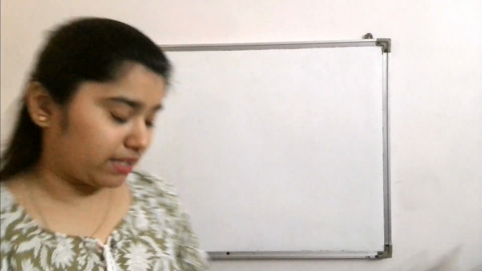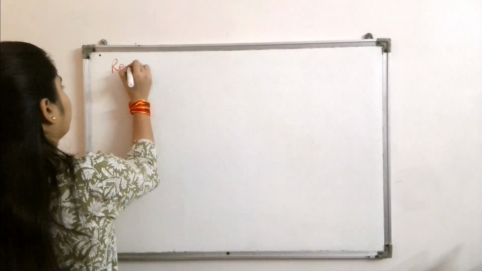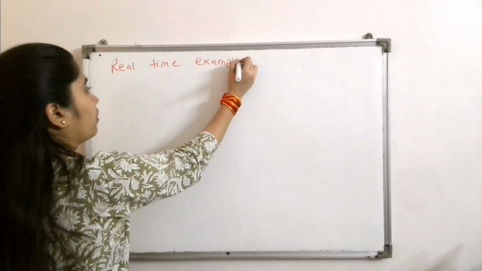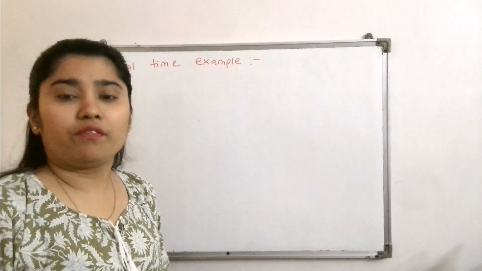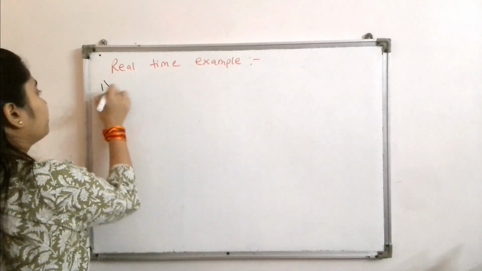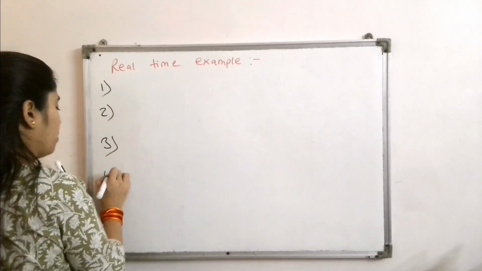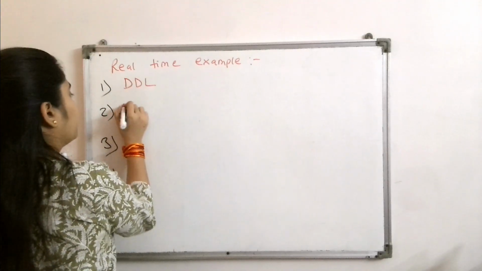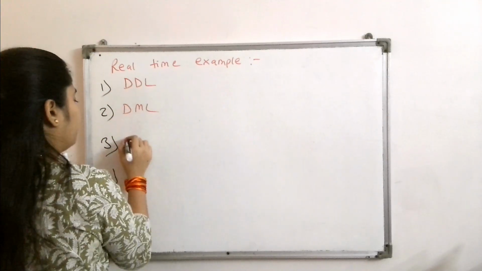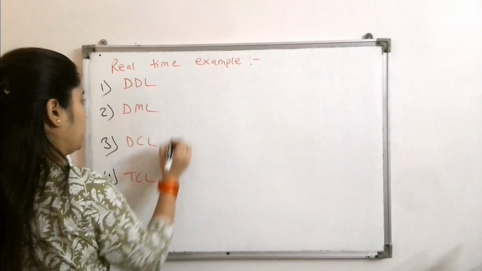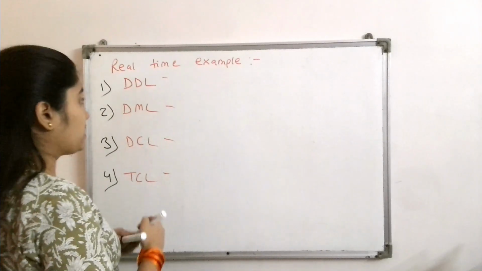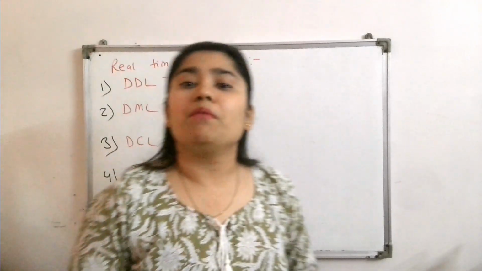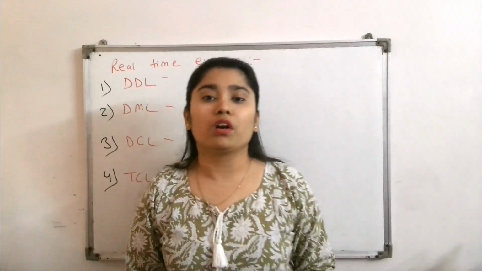Let's quickly understand one real-time example of this. First of all we have our 4 languages, that is DDL, DML, DCL and TCL. Suppose we are making a database for a school.